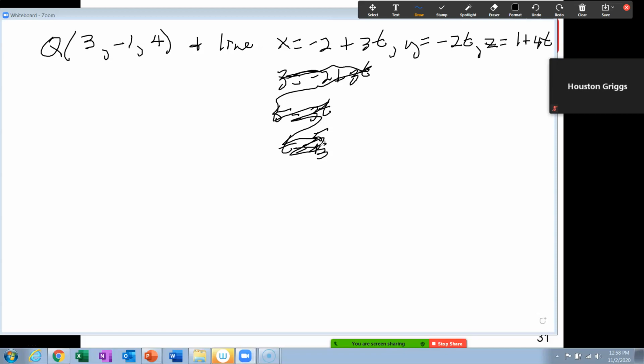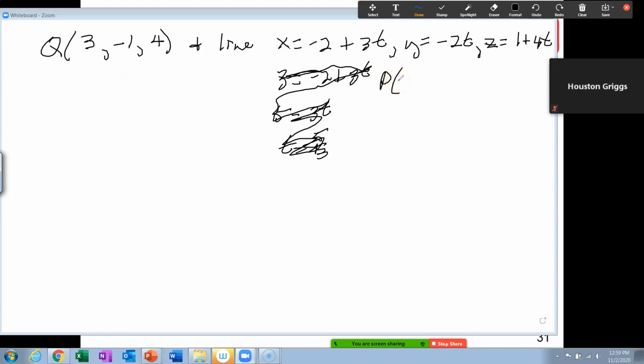Now, the formula here says that the distance between a point Q and this line, whose direction vector is U. Okay, so let's identify a few things here. First, the point P that is on this line. Q is not on the line, P is.